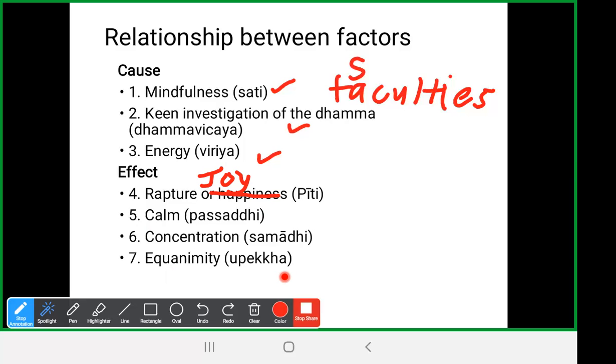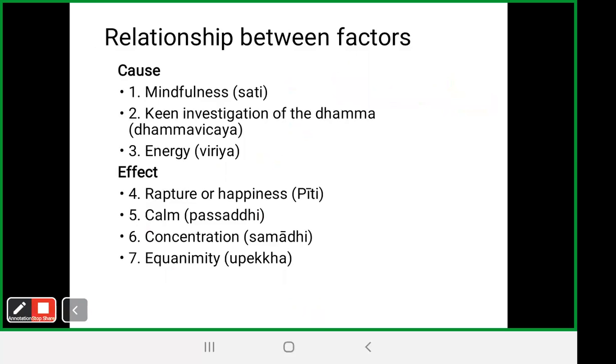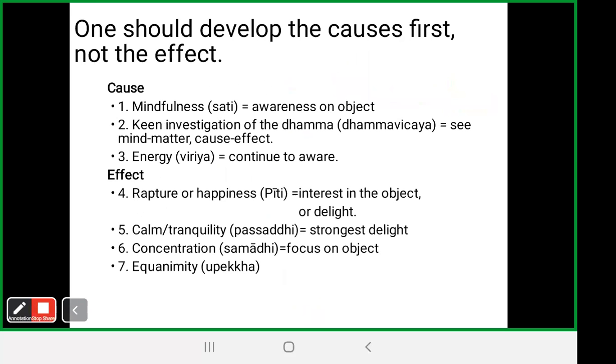Now we are going to go through the factors one by one. Before I go deeper, let's study the causes first. Causes means mindfulness, sati. What is sati? It simply means that you're aware or you are knowing the object. And then number 2, Dhamma Vijaya.